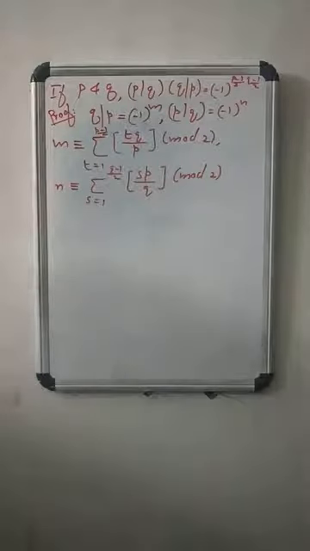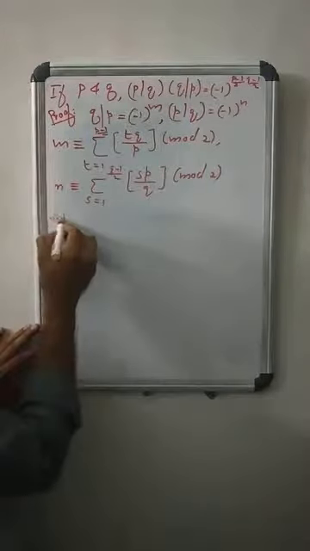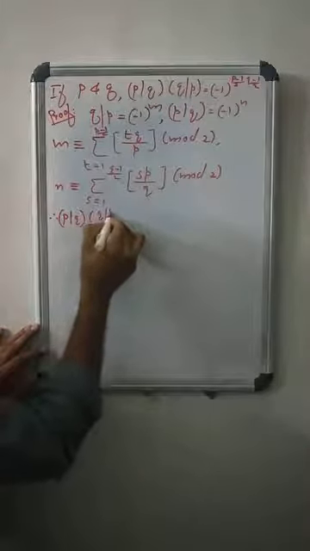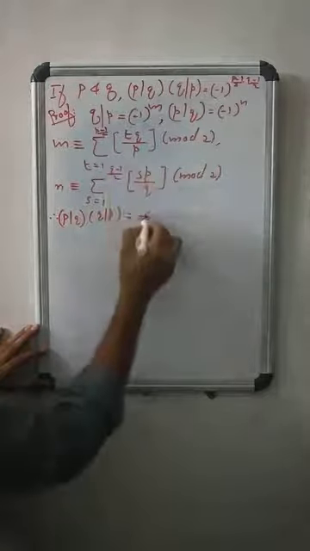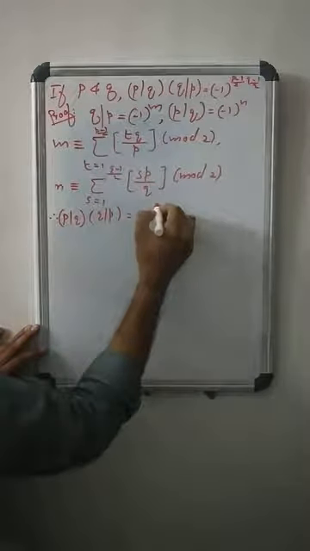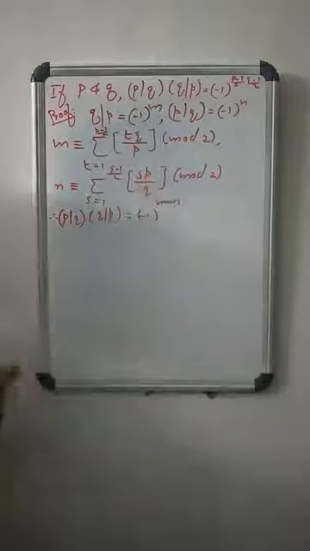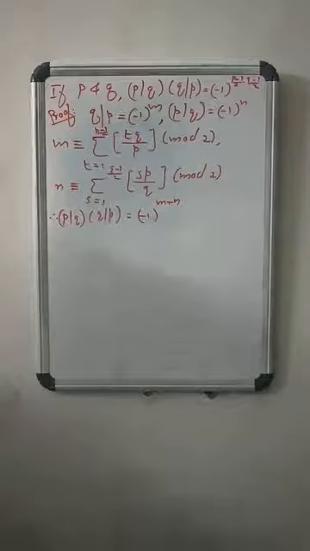Clear? Therefore, what about (p/q) times (q/p)? It equals minus 1 to the power m times minus 1 to the power n, that is minus 1 to the power m plus n. So we have to show that.